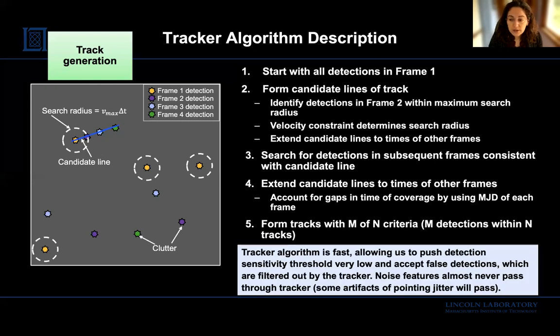So this allows us to push to very faint detection thresholds, because even though there's clutter in our detections, the clutter doesn't pass through the tracker. This approach is similar to what's presented in Kubica et al. 2007 for the intra-night linking of detections. So we find this method to be very powerful.